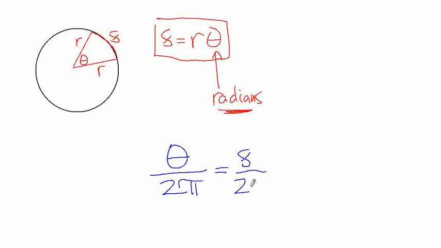And the circumference we hopefully know is 2 pi r. So both of those fractions are equal. Now simplify. Multiply both sides by 2 pi, so you get theta is equal to s over r. And now if you cross multiply, you arrive back at the original formula in the red box.